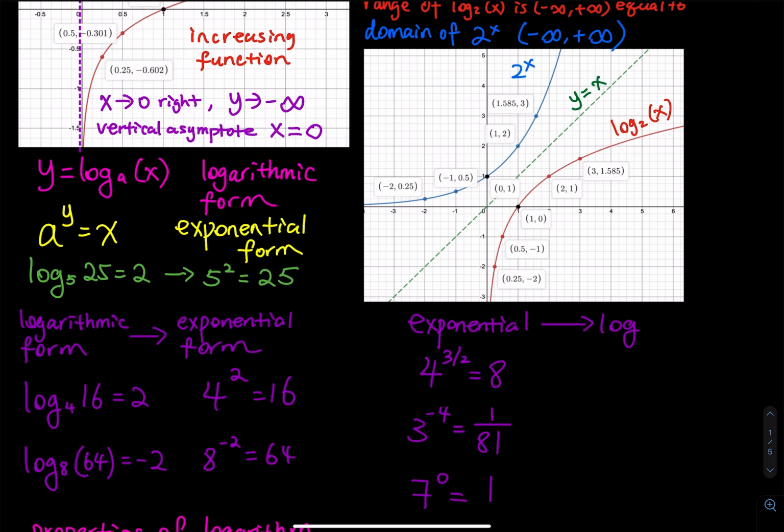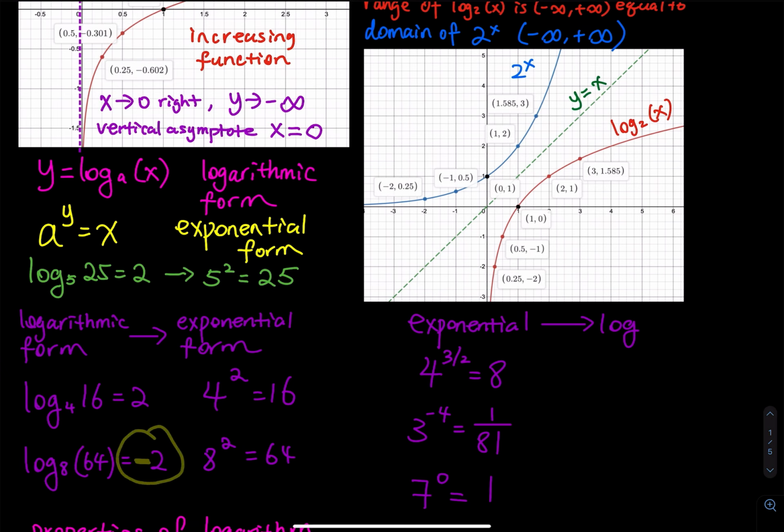Did I say 8 to the negative 2? Why did I put a negative 2? This is supposed to be a positive 2, because 8 squared equals 64. So that is supposed to be positive. Do you know why this is a mistake? I was having a negative 2 right here, so this is clearly a mistake.